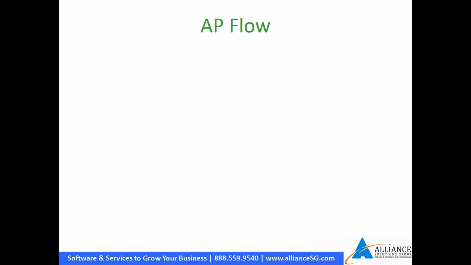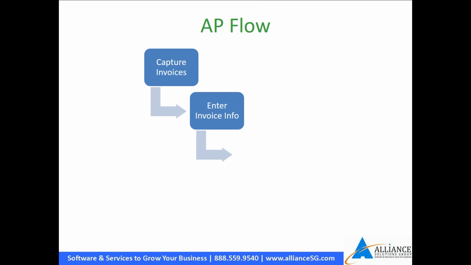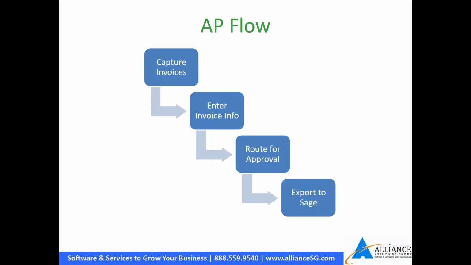Looking at our AP Flow, here's the real quick 4-step process, and then we'll jump into the system. You capture your invoices. We're going to show an invoice coming into the system. You enter that invoice information, we route it for approval, and then we export that invoice over to Sage.